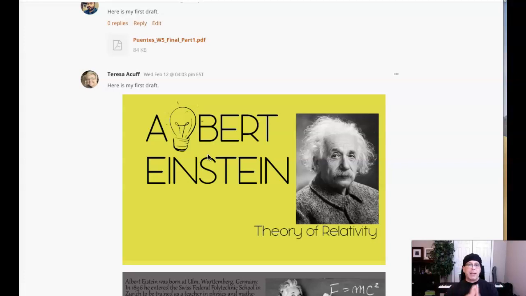But my only idea here is that the light bulb indicates idea, right? In this particular case, there could be some confusion between Thomas Edison and Albert Einstein. Thomas Edison invented the light bulb, Albert Einstein didn't. So there's a little bit of mixed signal going on here. I would recommend revisiting this area.